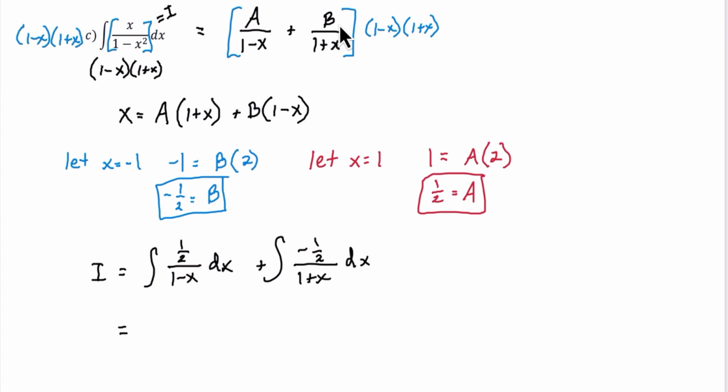Integrating these, we'll get 1/2 natural log of 1 minus x minus 1/2 natural log of 1 plus x plus c.